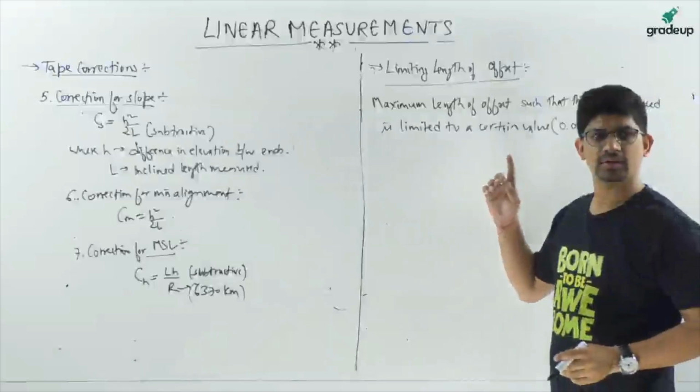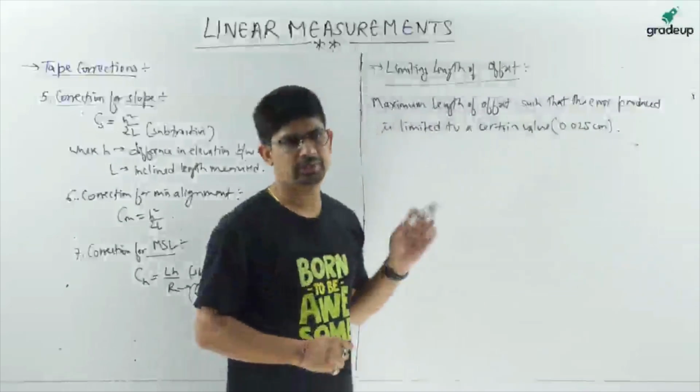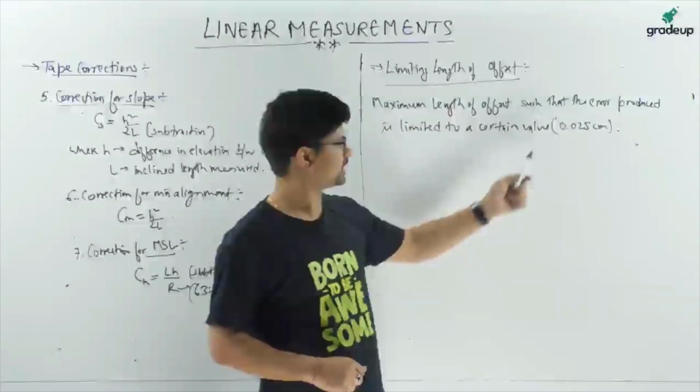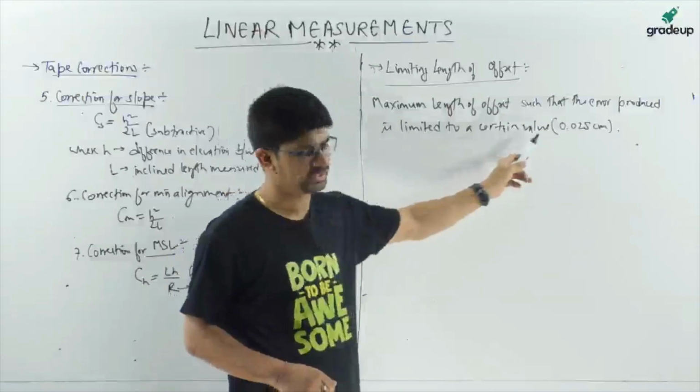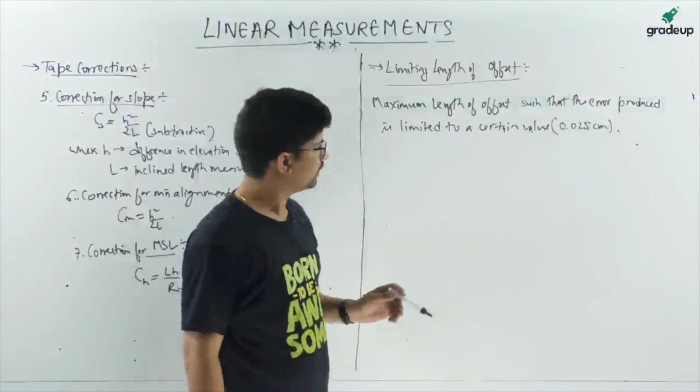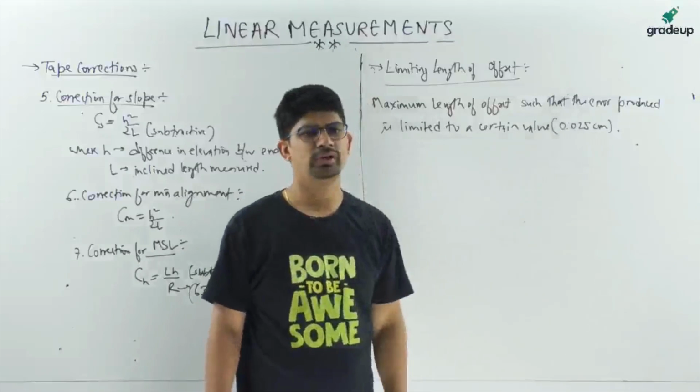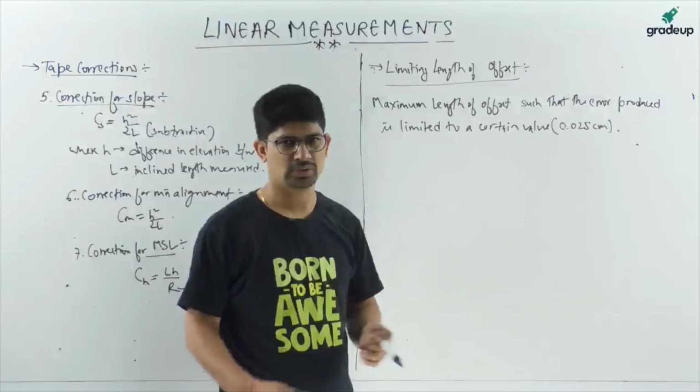So, this is the definition for limiting length of offset. It is the maximum length of offset such that the error produced is limited to a certain value, and that value is 0.025 centimeter or 0.25 mm, whatever units you can definitely play.